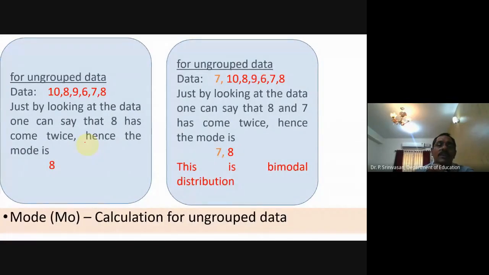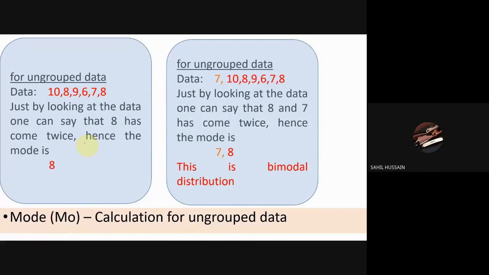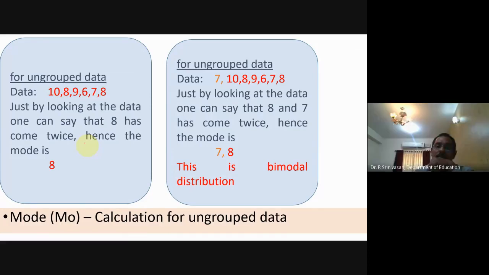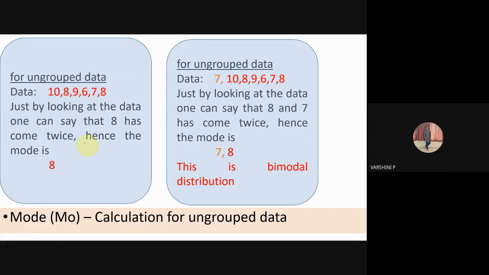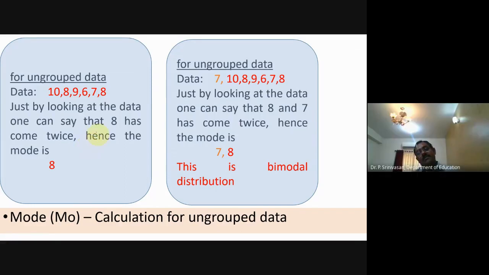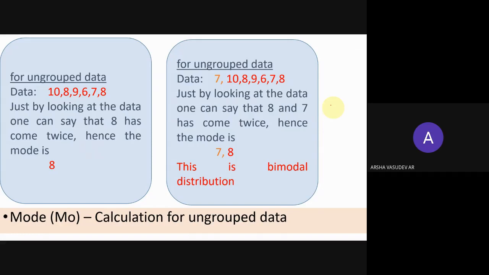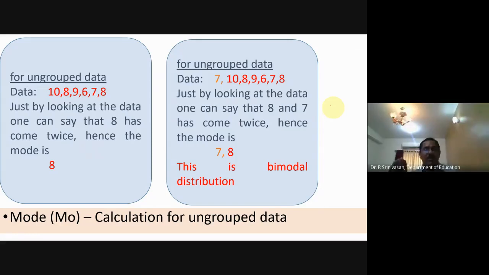What is the mode in this data? 8 is the mode because it is repeated twice. And what is the mode on the right-hand side? 7, 8, 10, 7. 7 is repeated twice, and 8 is also repeated twice. Therefore, this data is called a bimodal distribution because we have two modes.